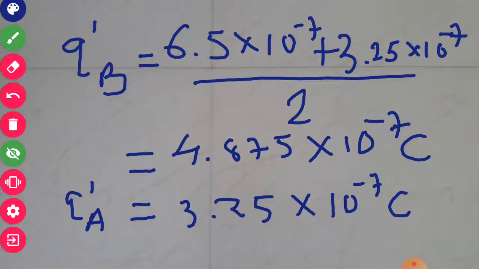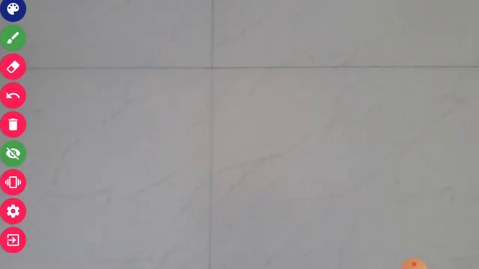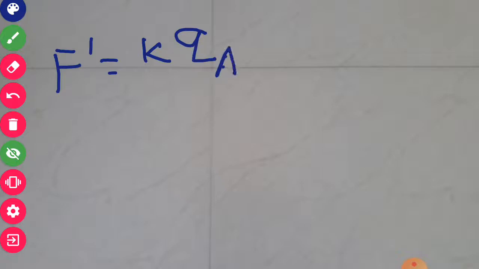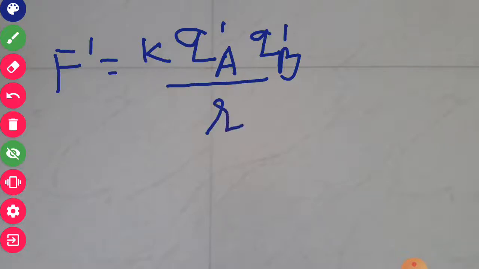F is equal to K QA prime QB prime upon the square of distance. So now you can write the new force, say F prime is equal to K QA prime into QB prime upon the distance square.